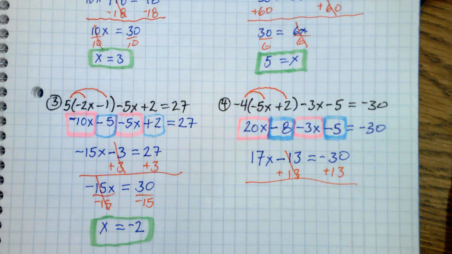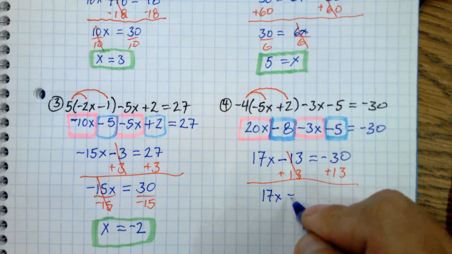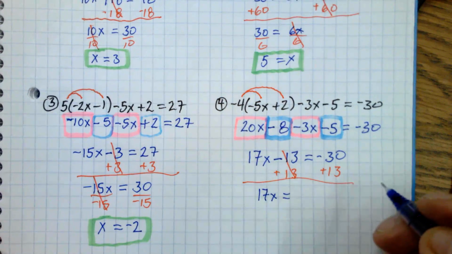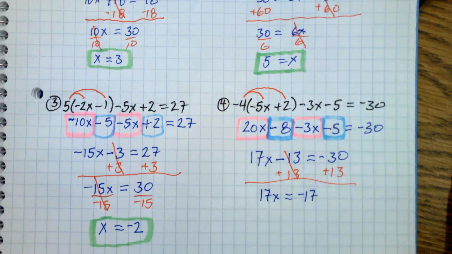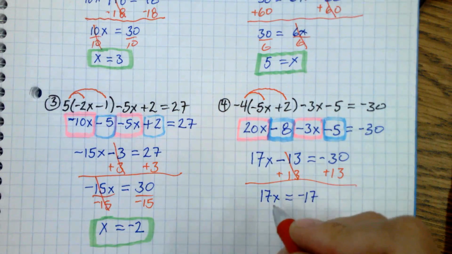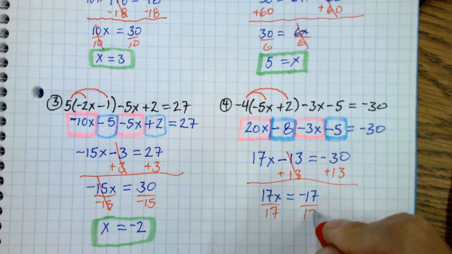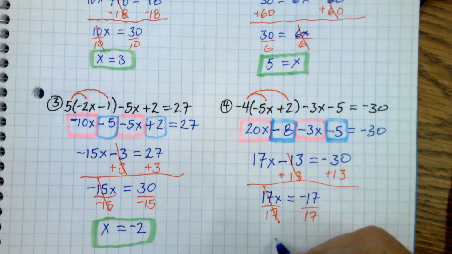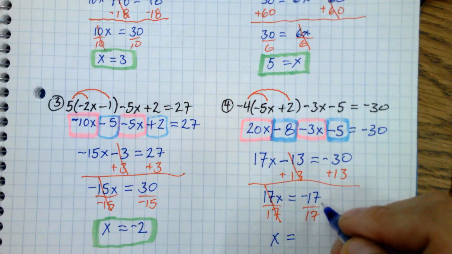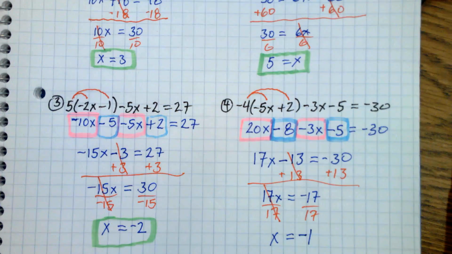Get rid of the 13. So it's what? Well, I'm going to get negative 17. So negative 1 though, right? So we get x equals negative 17 divided by positive 17, negative 1.